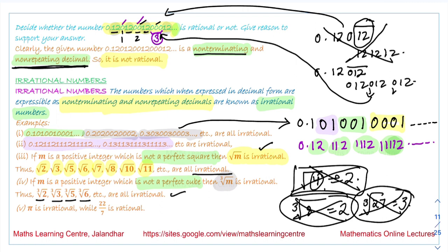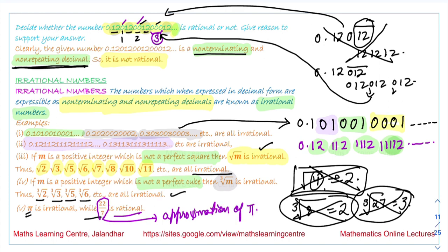Next, we have numbers like pi. It is irrational. And in our previous class we also discussed that 22 by 7 is rational. This is just an approximation of pi.